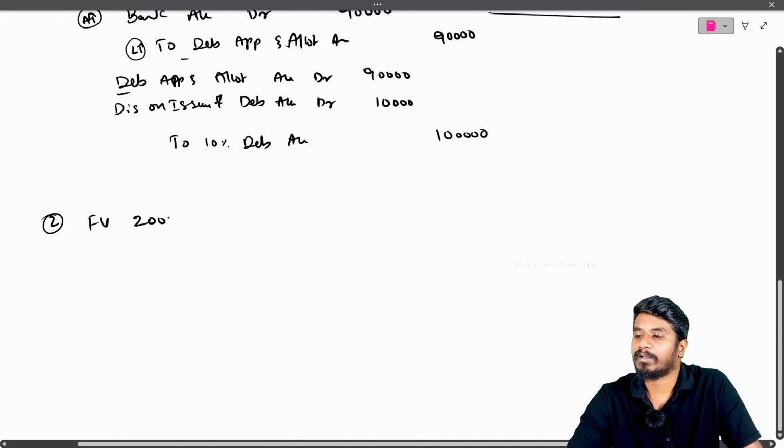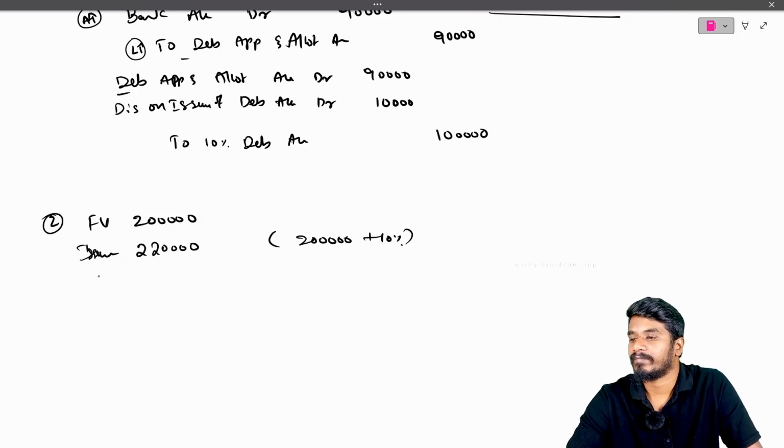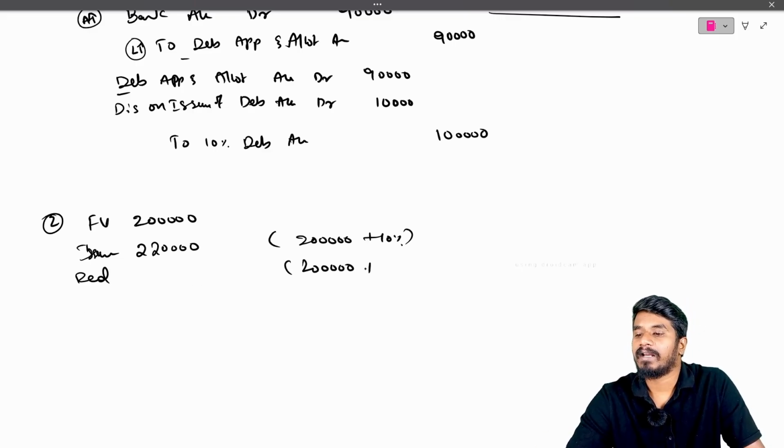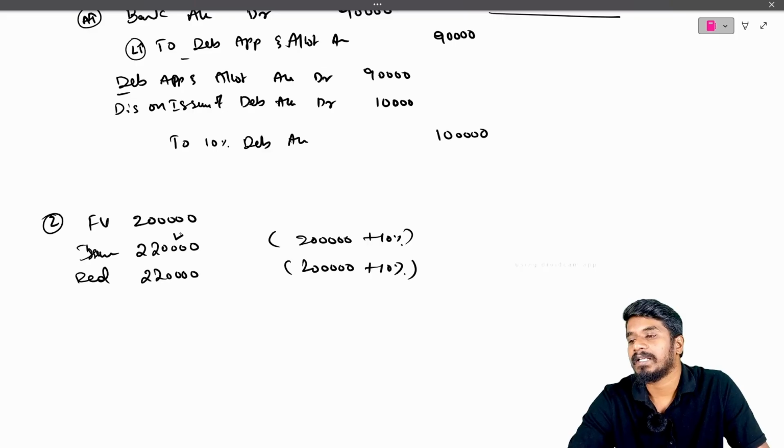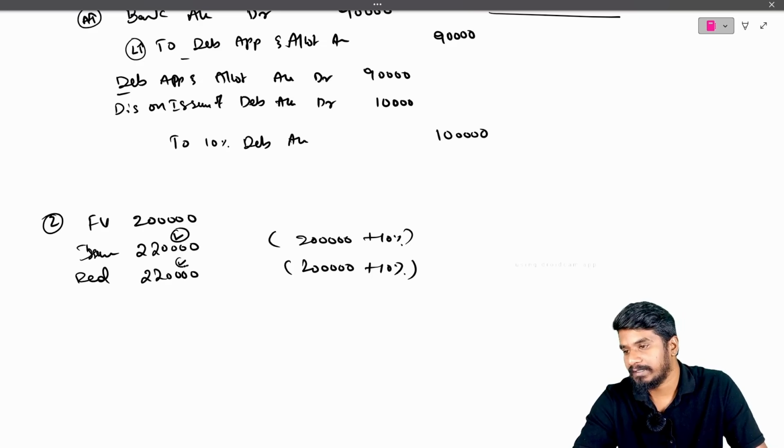Face value is 2 lakh rupees and issued at a premium, so that is 2 lakh plus 10%, which is 2 lakh 20,000. And redeemable at premium, that is also 2 lakh plus 10%, the same value 2 lakh 20,000, which means we will receive 2 lakh 20,000 from people and we need to pay them back the same amount.